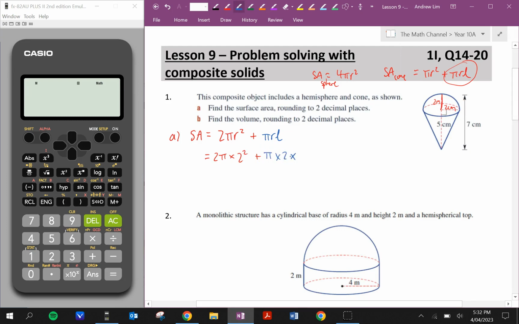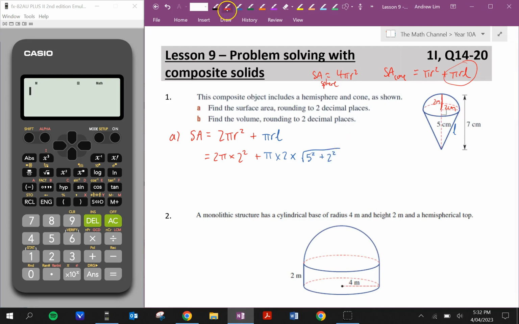Now L is the slant height. We don't have the slant height. This is L. We need to work that out, and in order to work it out, we need to use Pythagoras' theorem. So that's the hypotenuse, which is equal to the square root of 5 squared plus 2 squared.